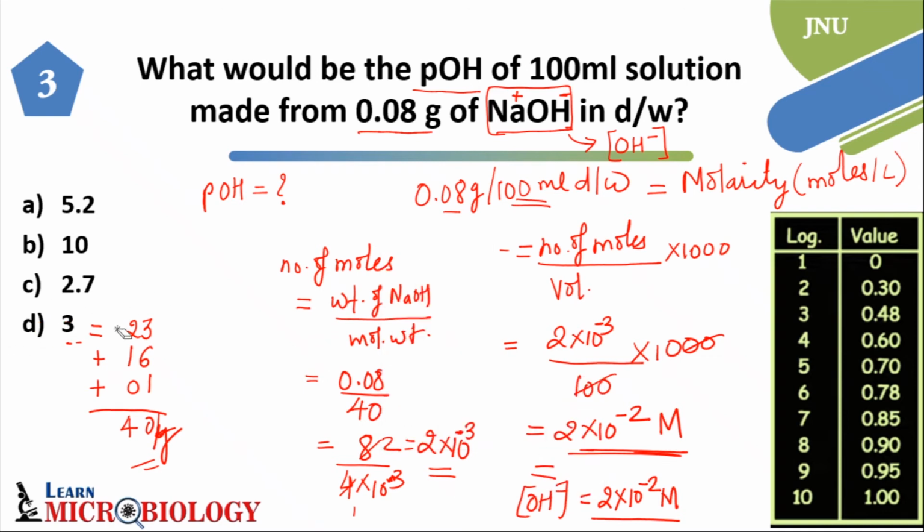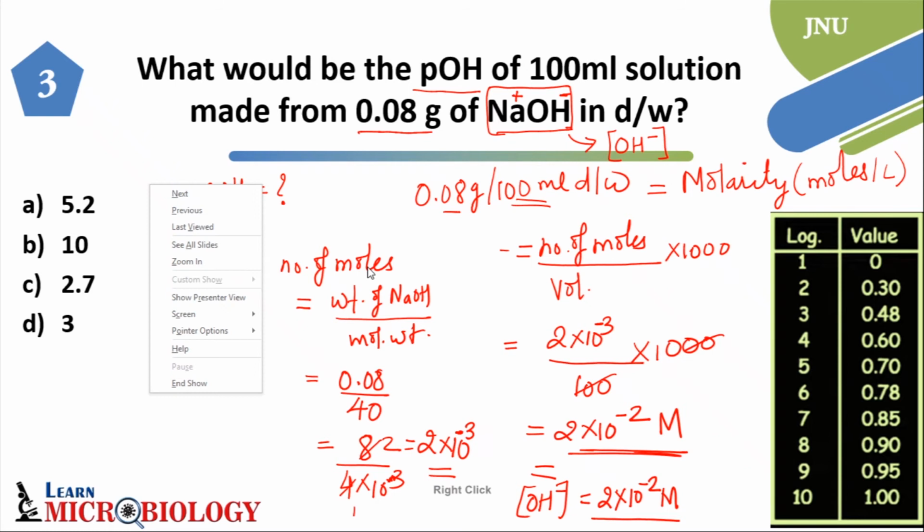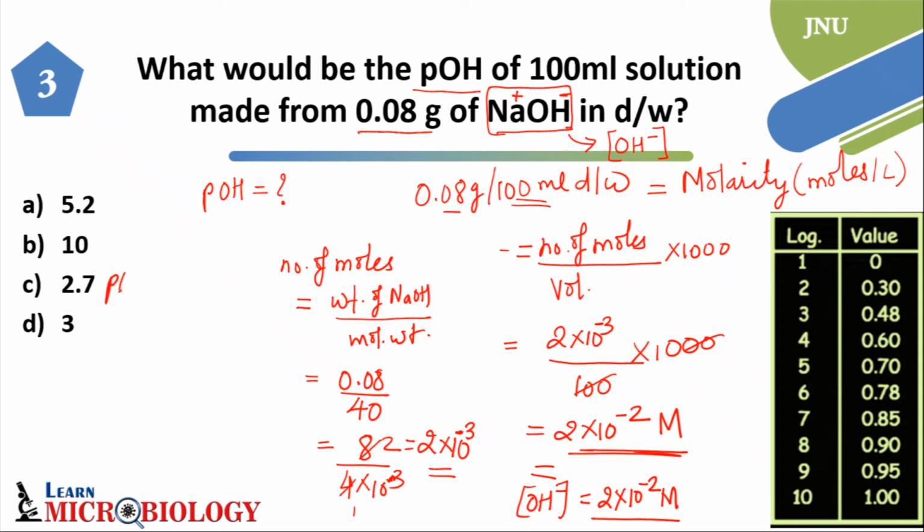First let's find the pOH from the OH minus concentration. So let me solve it over here. As we know, pOH, what is the formula? Minus log of the concentration of OH minus. So we know the concentration of OH minus to be 2 into 10 raised to minus 2.